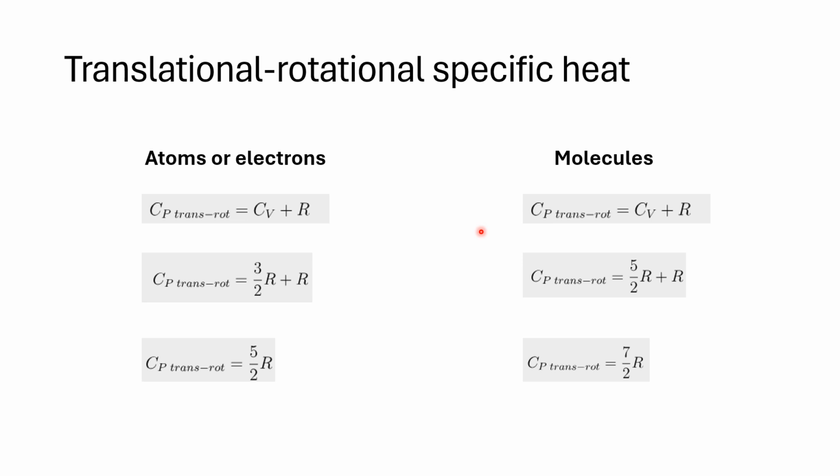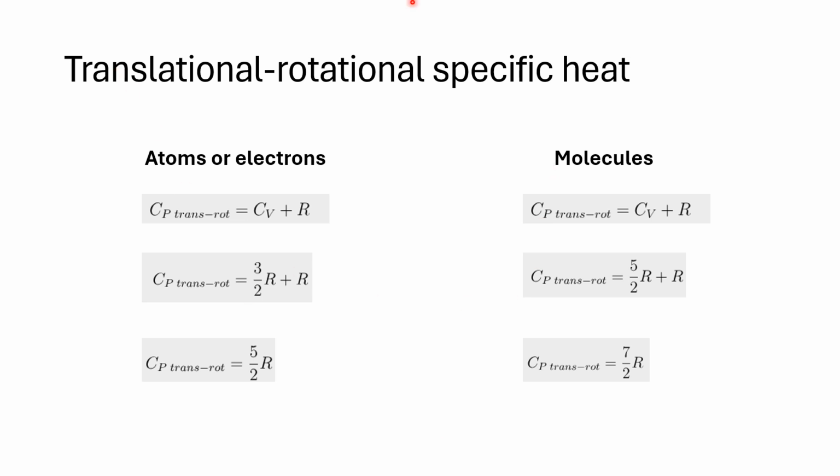Differentiate it with respect to temperature at constant volume, and the T will be removed, and you will get Cv as 5 by 2 R. And now if I add one more R, the Cp for translational rotational will be 7 by 2 R. So we have two values, 5 by 2 R and 7 by 2 R, for atoms or molecules.